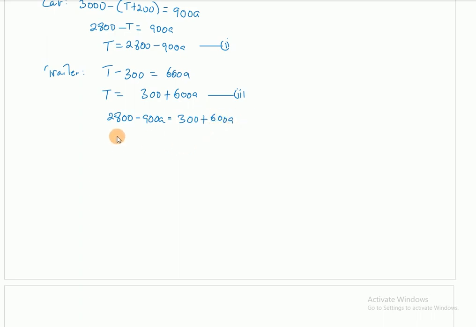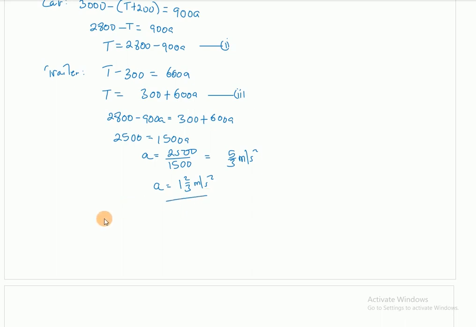This one is 2500 equaling 1500A, such that A is equal to 2500 divided by 1500. 2 zeros go by 5, I have 5 over 3 meters per second squared. That is the acceleration. One whole number and 2 over 3 meters per second squared.